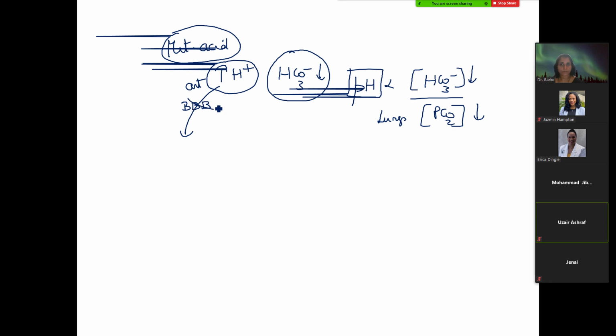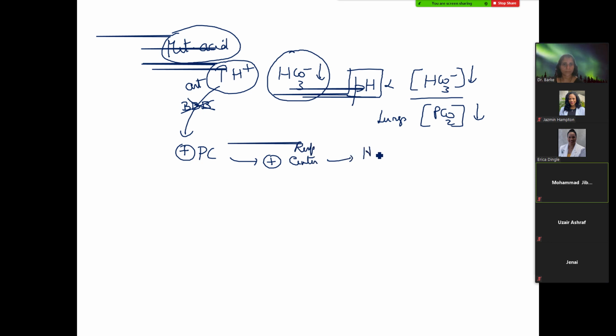No. Arterial H plus cannot cross the blood-brain barrier, which should help you remember which chemoreceptors it activates: peripheral. It does not reach the brain, so it activates the peripheral chemoreceptor, which then activates your respiratory center. Following that, the person begins to hyperventilate, CO2 decreases and pH goes back to normal. So in any condition of metabolic acidosis, because of compensation, the person will start hyperventilating.